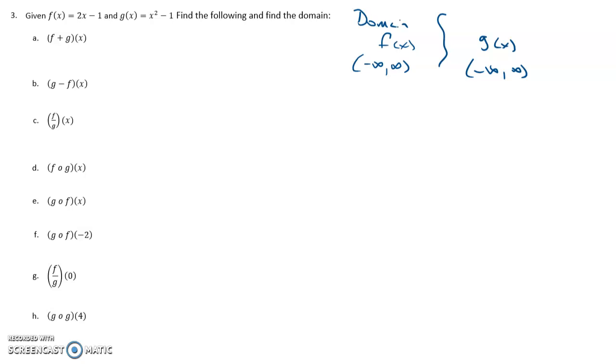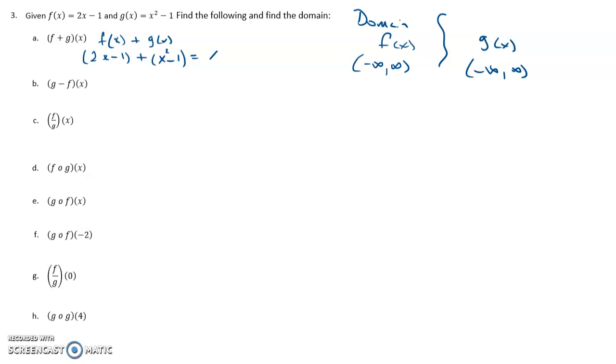So when it asks us to evaluate f plus g of x, what we're going to do is take the function f of x, and then add the function g of x, just like it says. So f of x is 2x minus 1, and g of x is x squared minus 1. And then I can see I don't really need these parentheses anymore, so we can actually just combine the like terms that are in here.